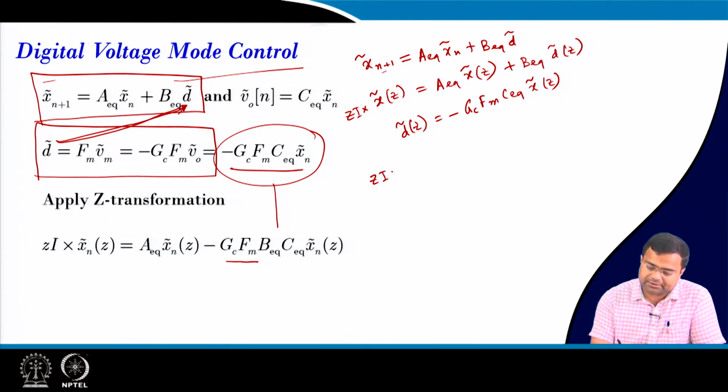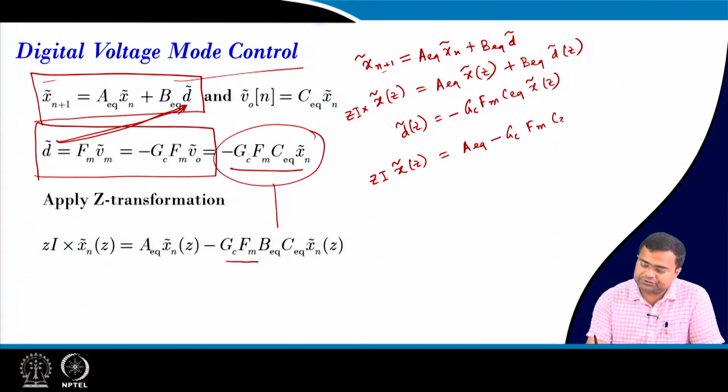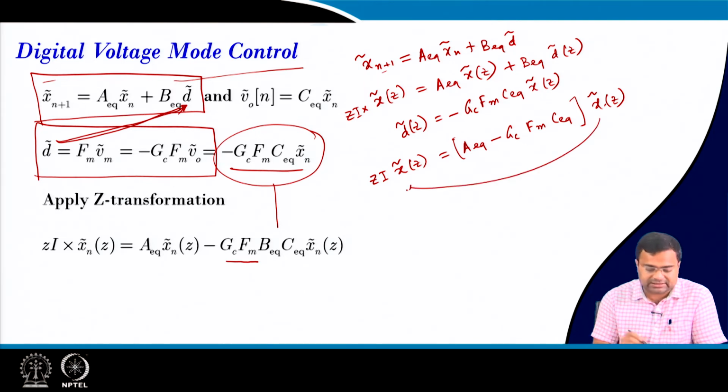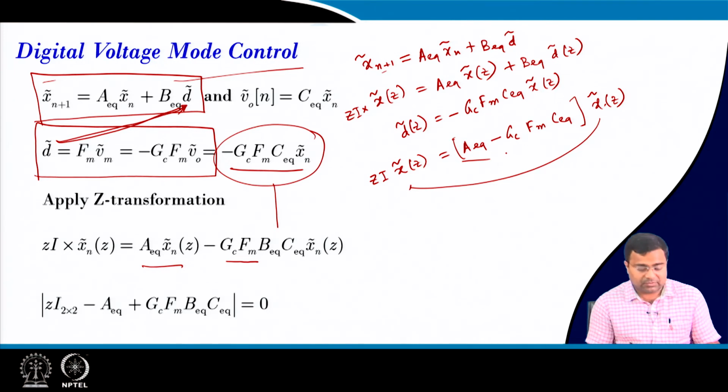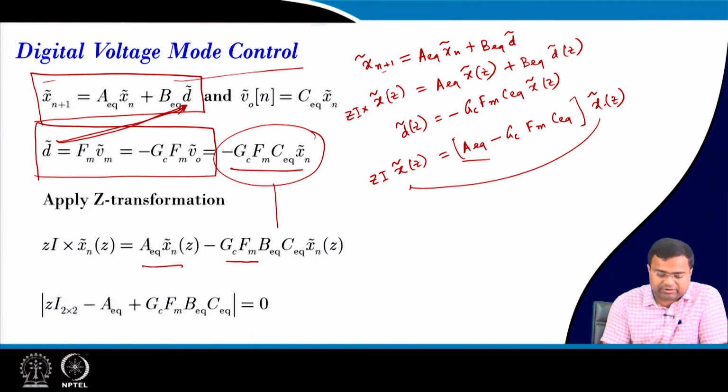z xz is equal to A equivalent minus Gc Fm C equivalent, this whole thing, into xz. And if you take everything to this side, then this is the expression I am showing here, then you get the characteristic equation.